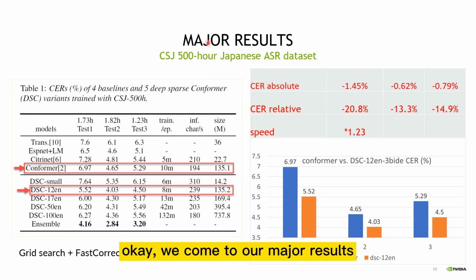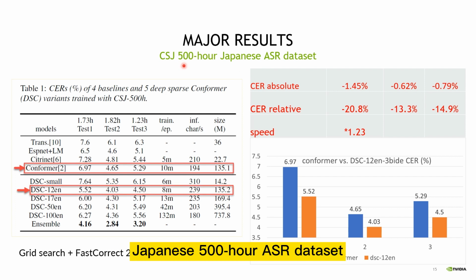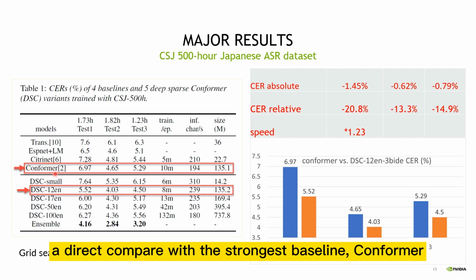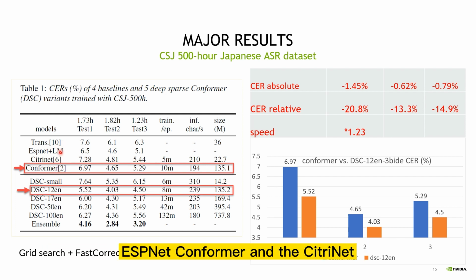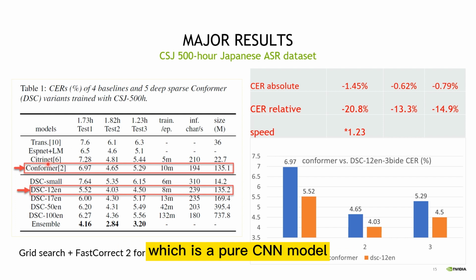Okay, we come to our major results. So we use the CSJ Japanese 500-hour ASR dataset. So with the same parameter size, we directly compare with the strongest baseline, Conformer. We also compare with the Transformer, ESPnet Conformer, and the CitriNet, which is a pure CNN model.